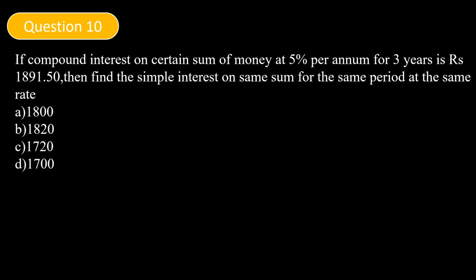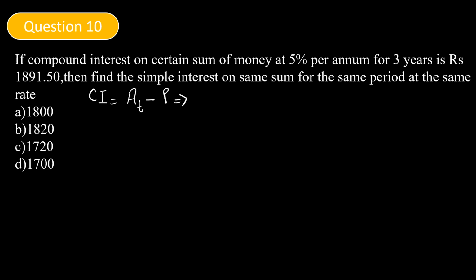If compound interest on a certain sum of money at 5% per annum for 3 years is rupees 1891.50, then find the simple interest on the same sum for the same period at the same rate. So we can write compound interest as amount minus principal. Okay.